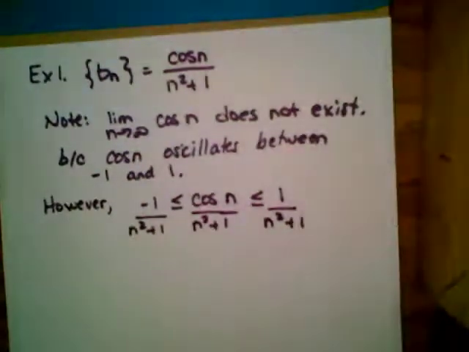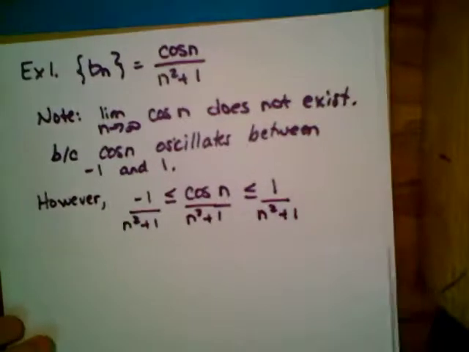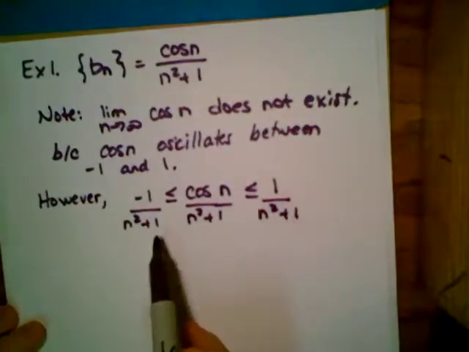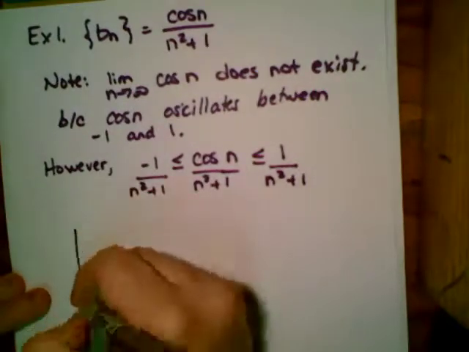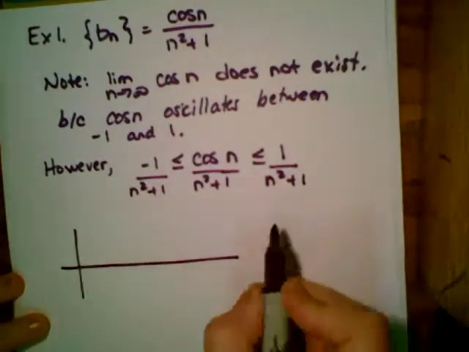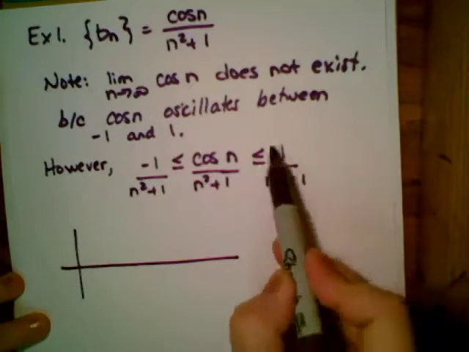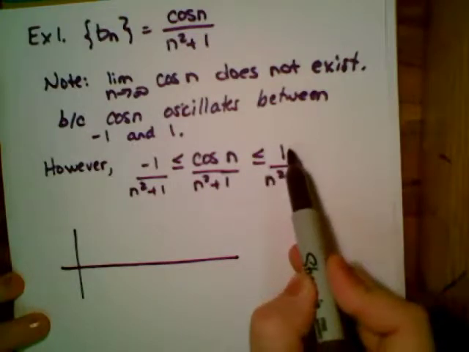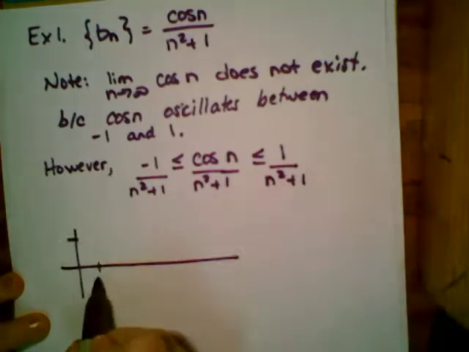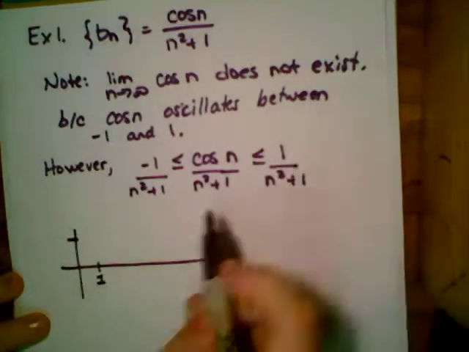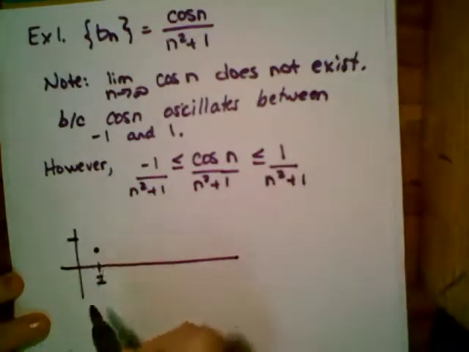Now, using the squeeze theorem, you want to find two sequences that you know something about. And just to give us a little intuition of what's going on here, let's look at this positive sequence here. When n is 1, 1 over n squared plus 1 is 1/2.